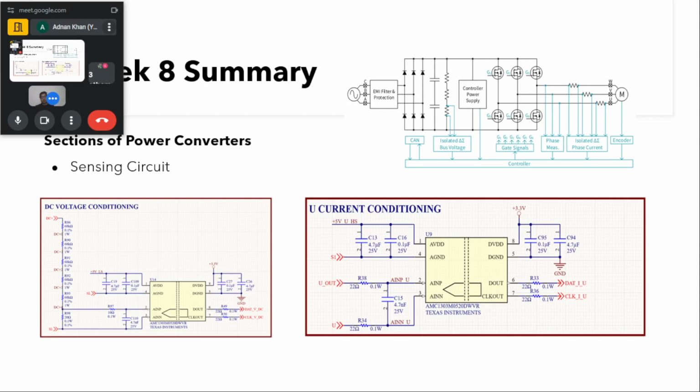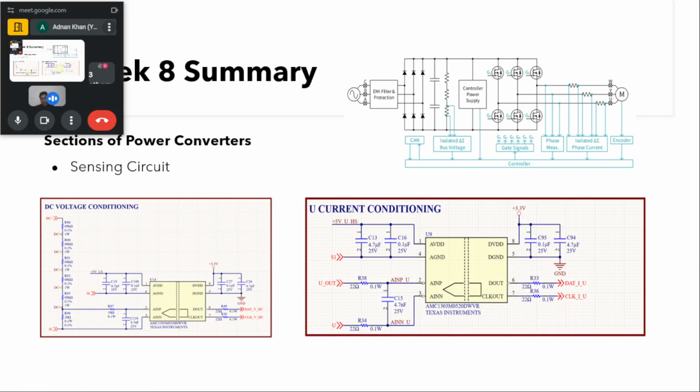These sensing resistors will have a voltage drop that will be proportional to the amount of current flowing through that branch.